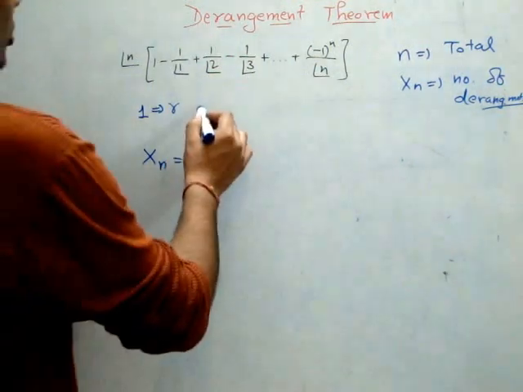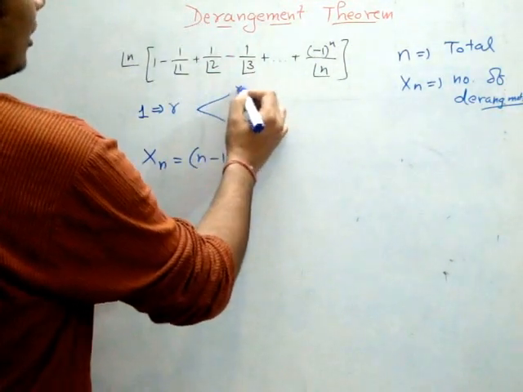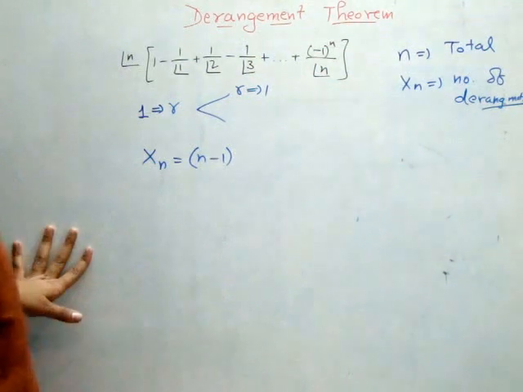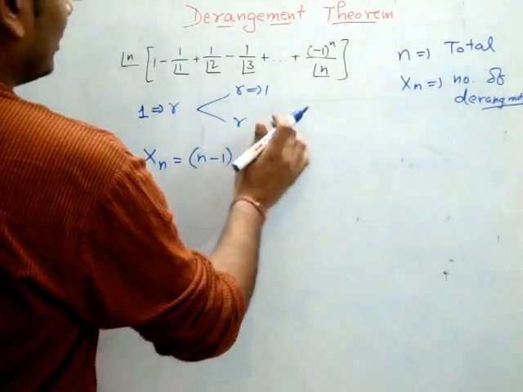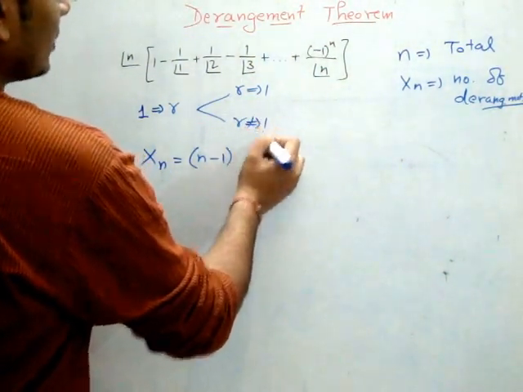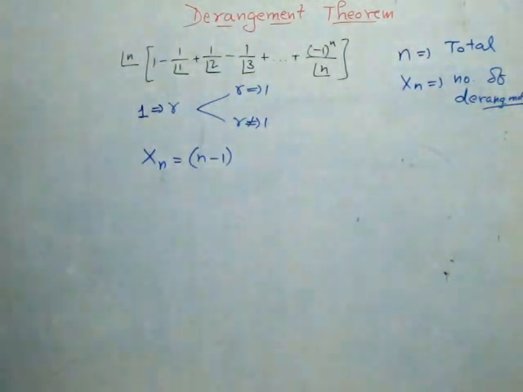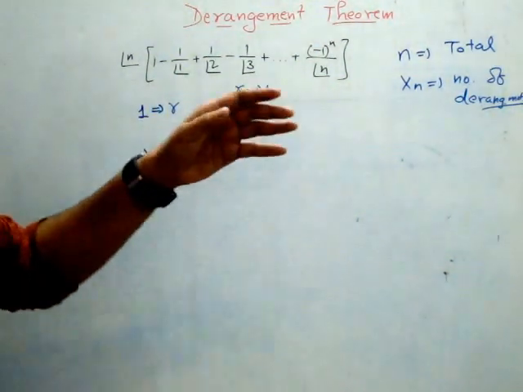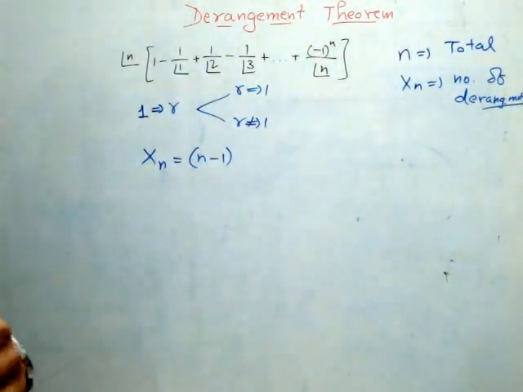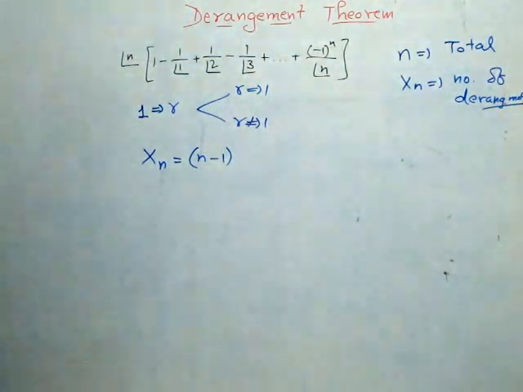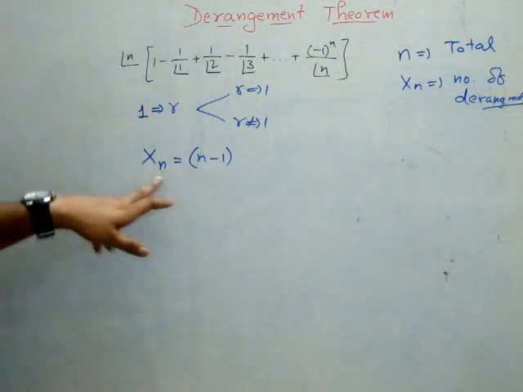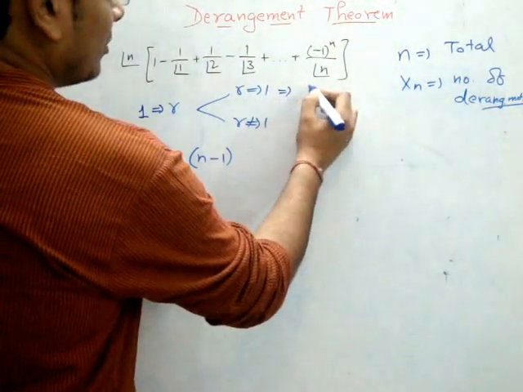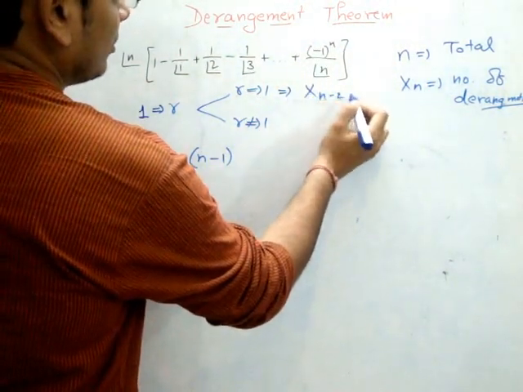Now there can be two cases. The first case will be when the rth letter also takes the first envelope, and the second when the rth letter does not take the first envelope. When the rth letter takes the first envelope, in that case we are left with n minus 2 letters to derange. So this xn here will be xn minus 2.